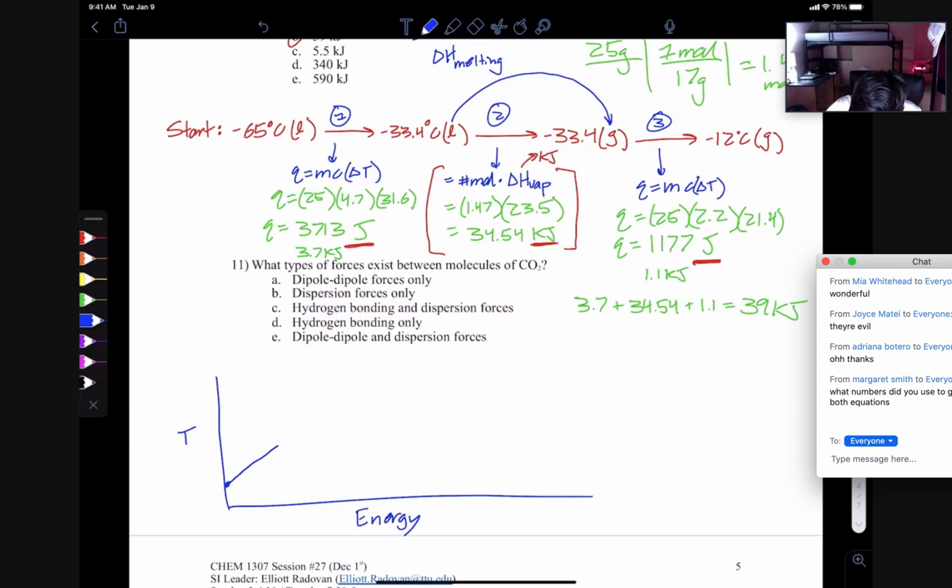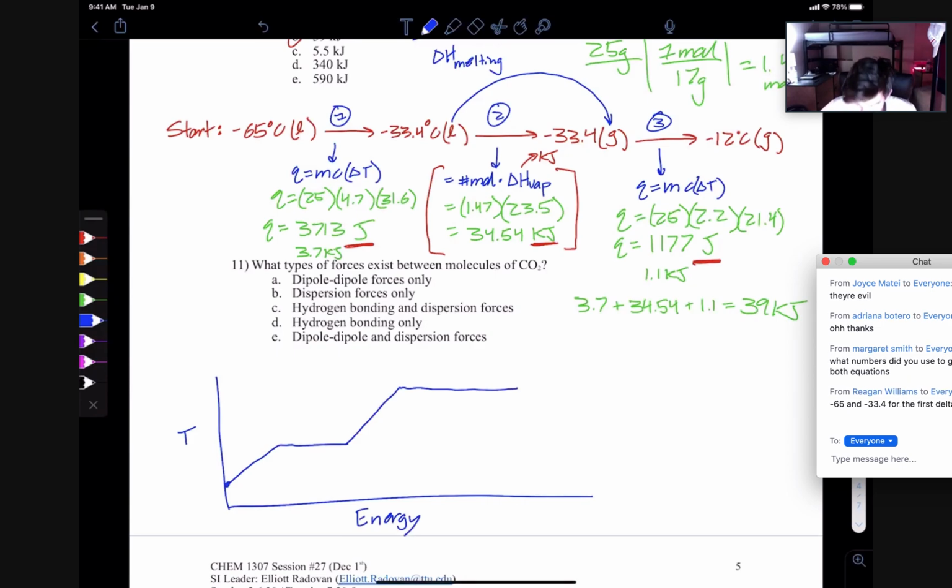Once you get to its melting point, then you have to melt it. When you're melting it, the temperature doesn't increase, but you are putting in energy, okay? So that's why we're not using Q equals MC delta T. We're using a different equation. Once we've fully melted it, then we can start to increase the temperature as we put in more energy. But then we get to its boiling point, so we need to put in some energy to vaporize it. The temperature isn't changing when we're vaporizing it, but we are putting in energy. And once it's fully vaporized, then as we put in more energy, the temperature increases.